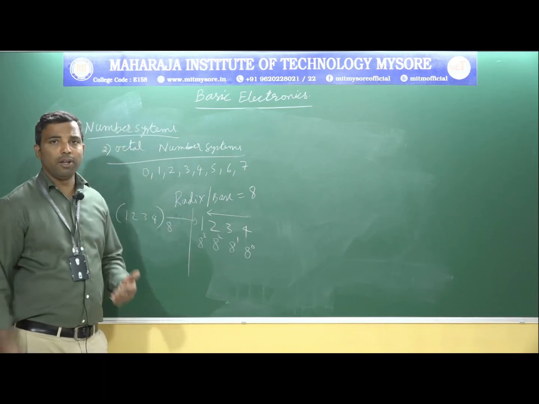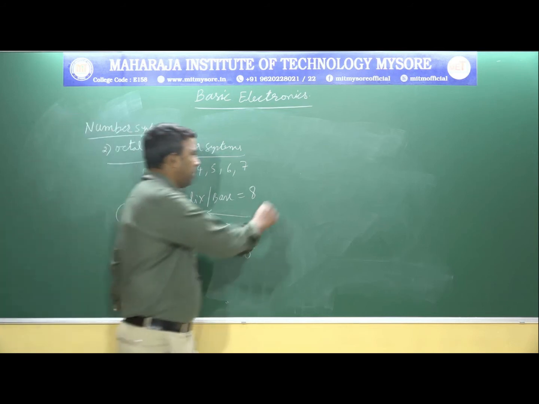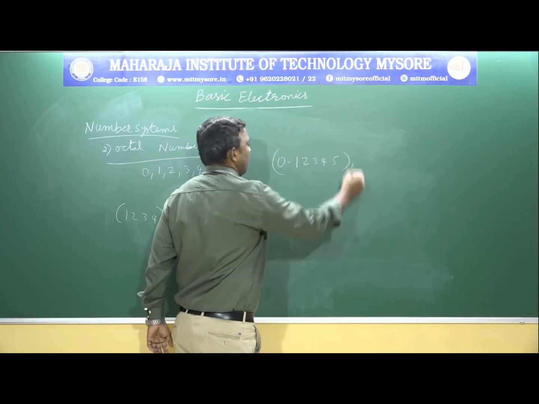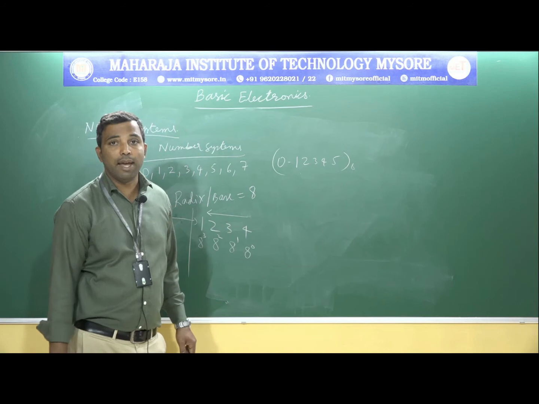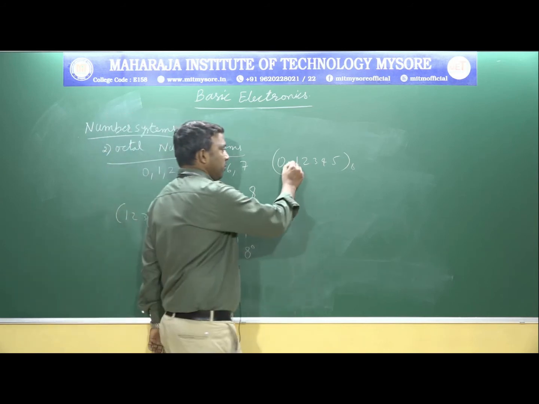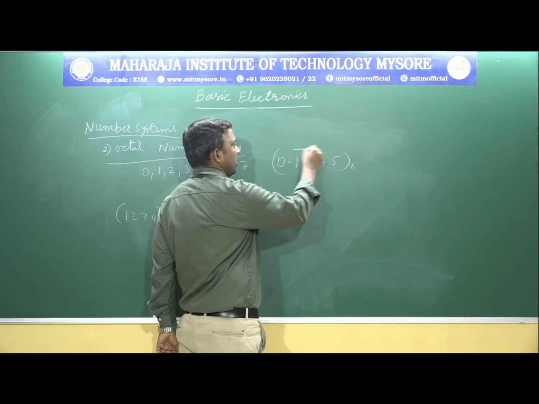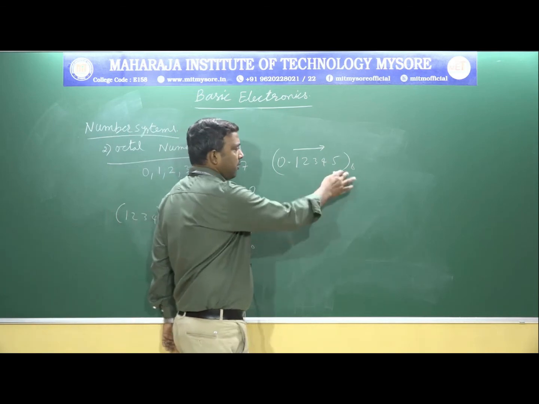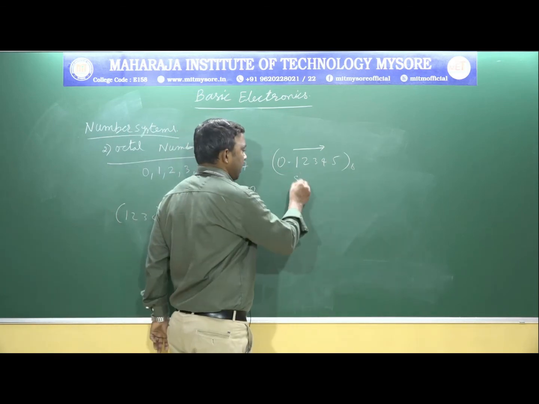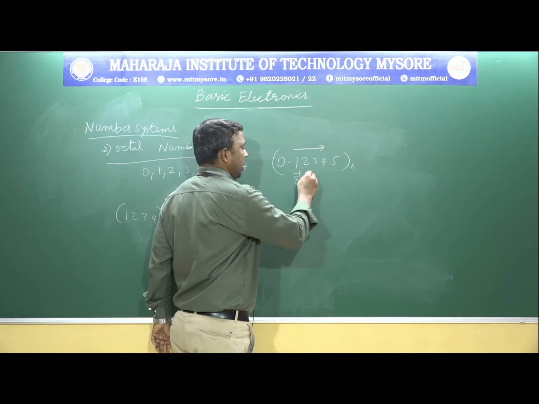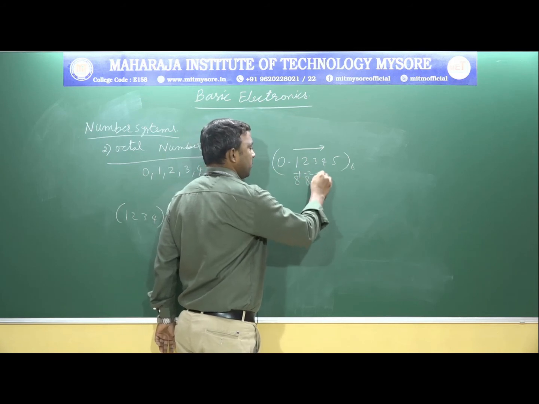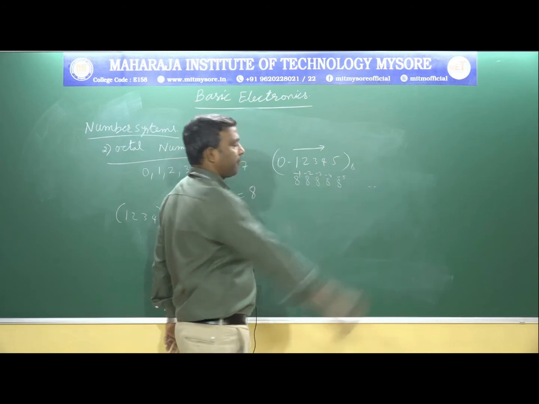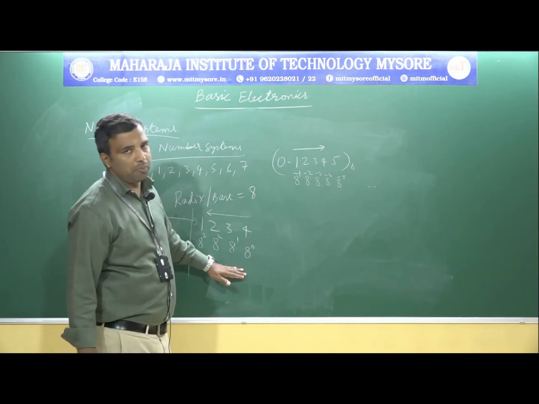If you consider a fraction number, for example 0.12345, which is an octal number with radix 8, then after the octal point we are considering from left to right: this is 8 power minus 1, this one is 8 power minus 2, this one is 8 power minus 3, 8 power minus 4, and this one is 8 power minus 5, etc. For the whole number, the power is positive.